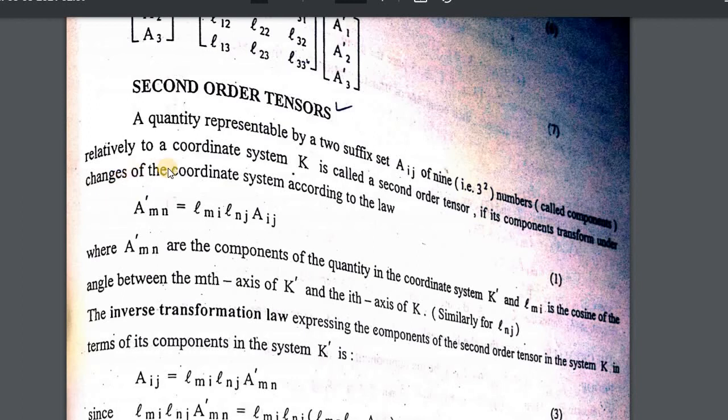So if we apply this law for the second order tensor, then a dash mn will be equal to l_mi l_nj a_ij. So this is called a second order tensor. Similarly, we should remember the inverse transformation law for the second order tensor, which is a_ij equal to l_mi l_nj a dash mn.